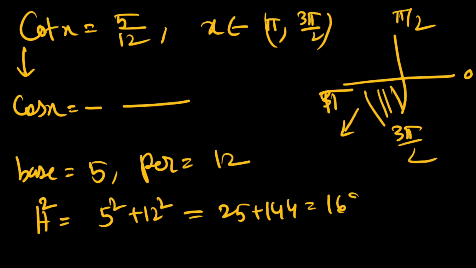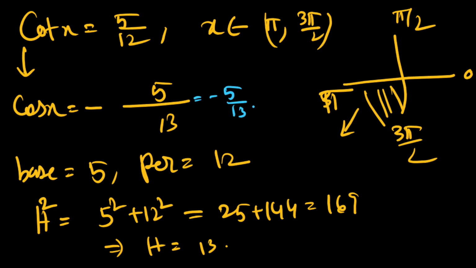This implies hypotenuse is equal to 13. Since x lies between pi and 3 pi by 2, cos x is negative, base is 5 and hypotenuse is 13, so cos x is equal to minus 5 by 13.